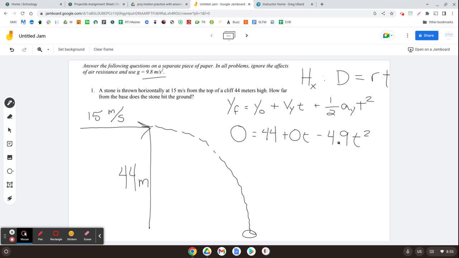So now all we have to do is solve this for t. You add 4.9 t squared to both sides, and you get 4.9 t squared equals 44.